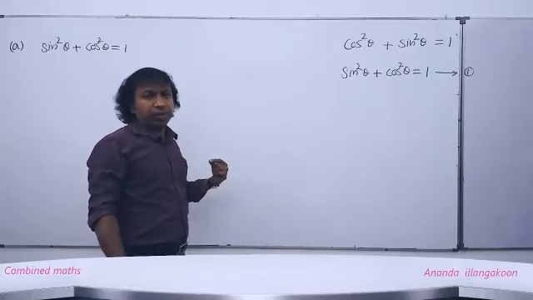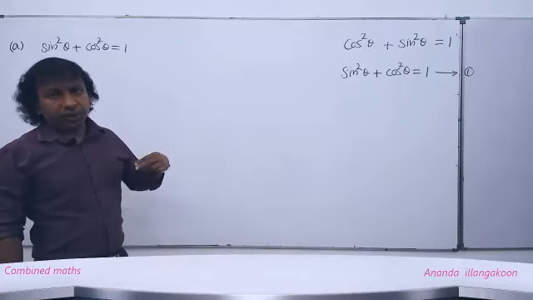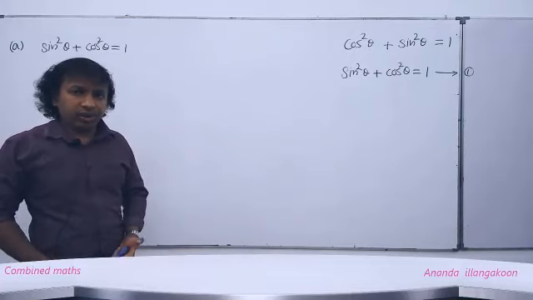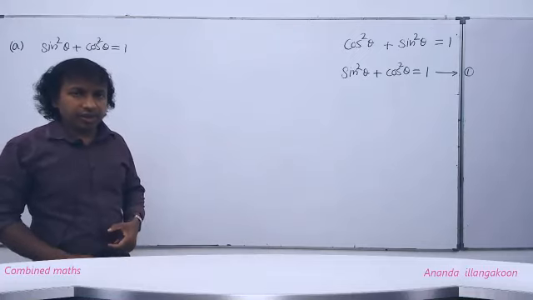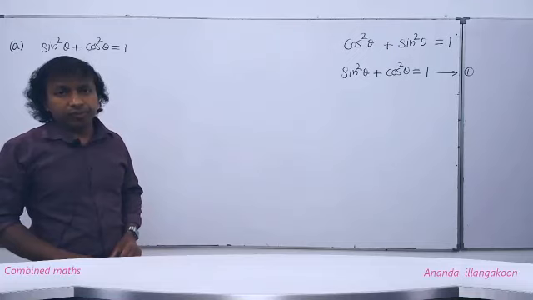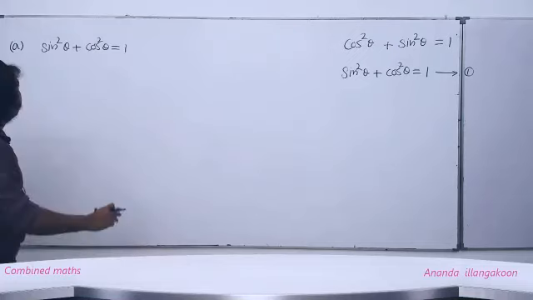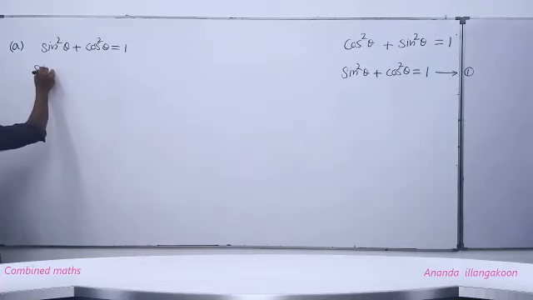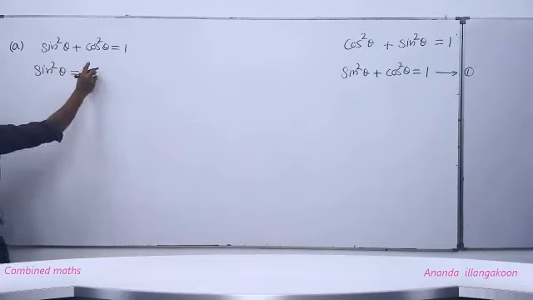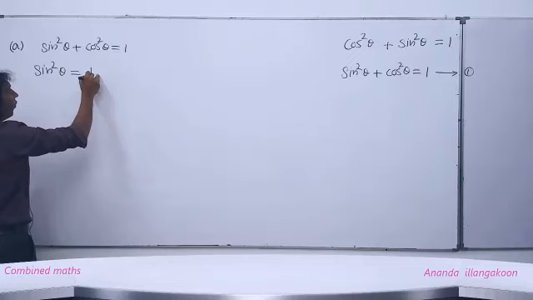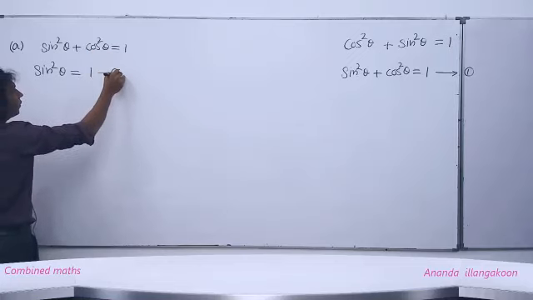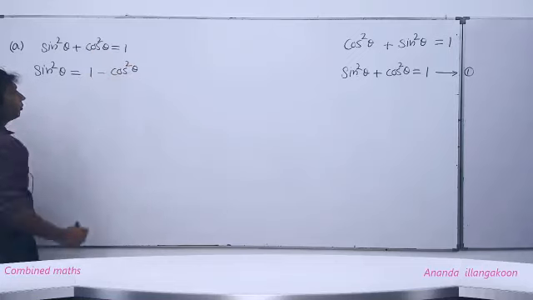When we bring a term from one side to the other side of the equal sign, the sign of the term will change. Right? So then I can write sine square theta equals, taking this to the right hand side, 1 minus cos square theta.